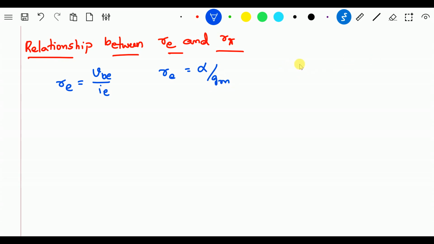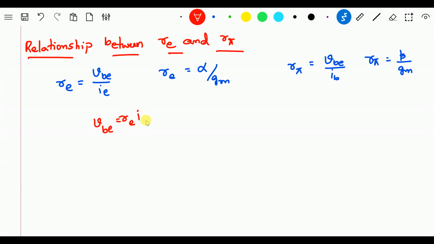Similarly, we derived for R pi, which was equal to VB by small ib, and we also derived the equation for R pi, which was equal to beta by GM. Now, if I take VBE here, I can write this as RE into IE.